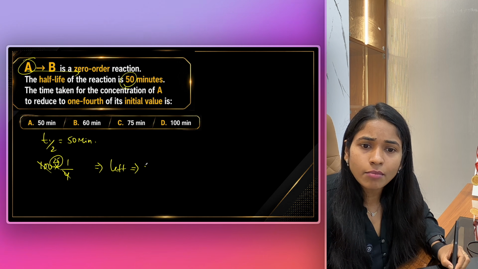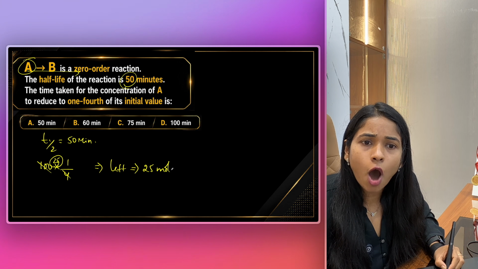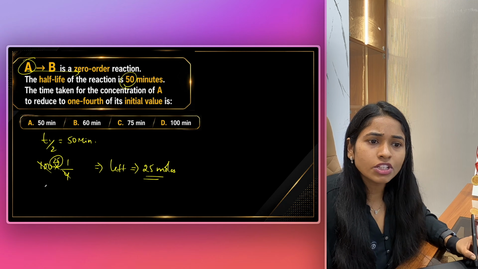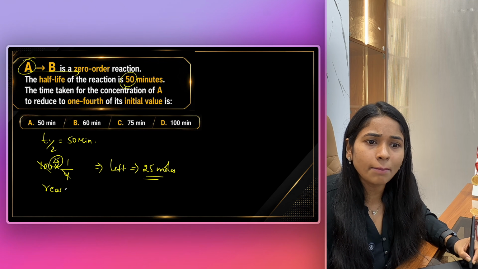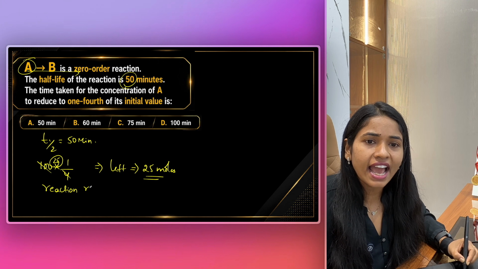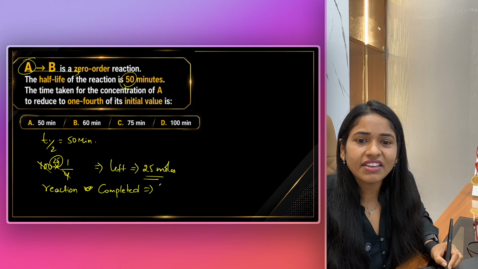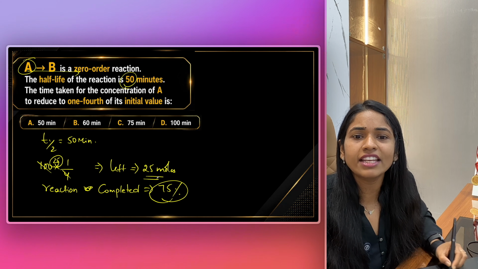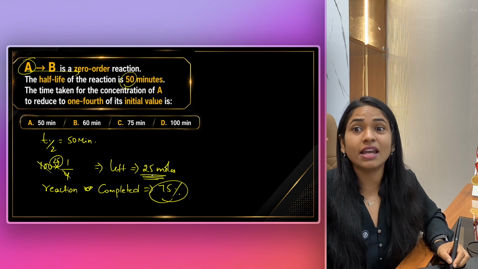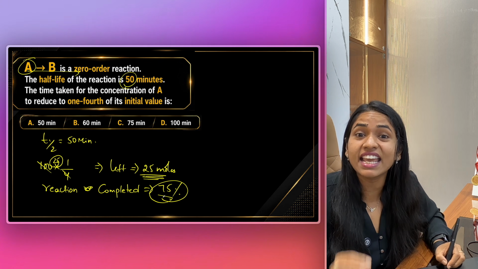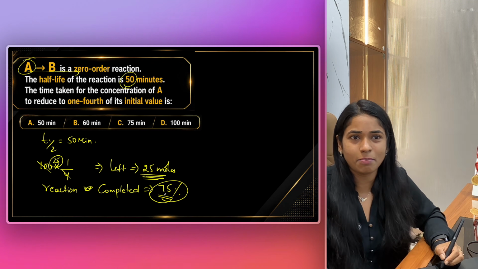Left 25 moles, which means how much of the reaction is completed? Reaction completed is 75%, because 100 minus 25 is 75. So reaction completed is 75%.